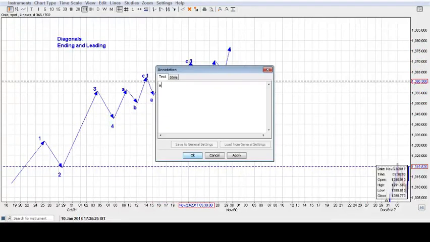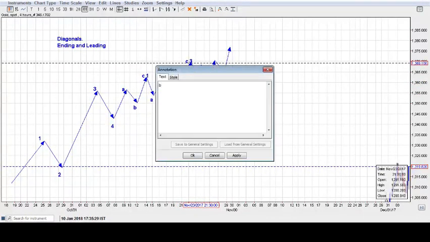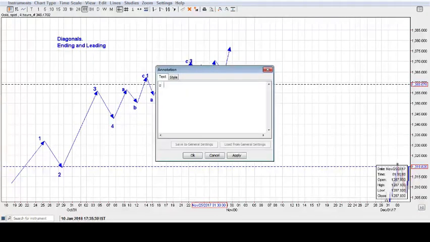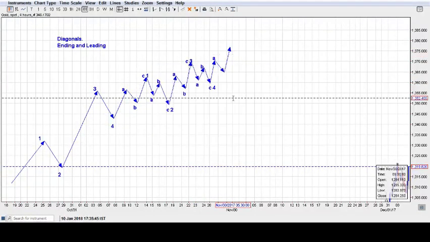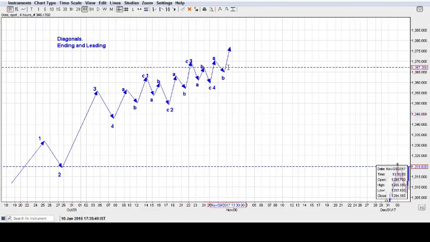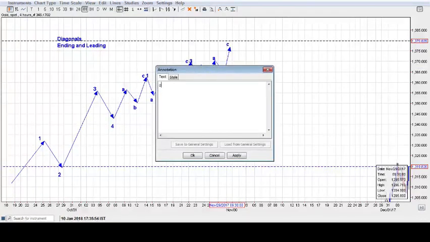That is the first difference, if you have noted it, between an impulse and a diagonal. Then again an ABC. Wave 5.